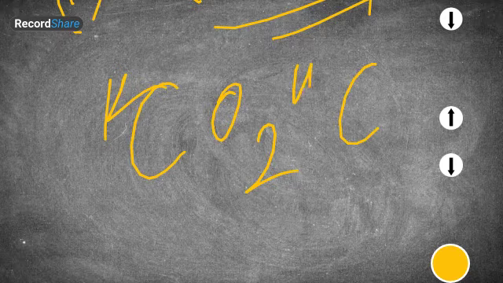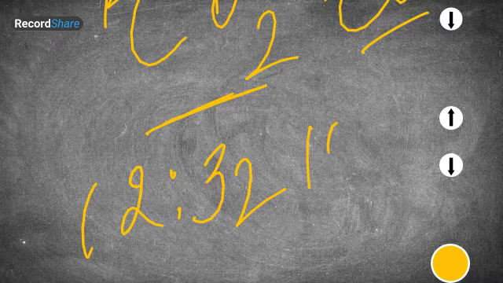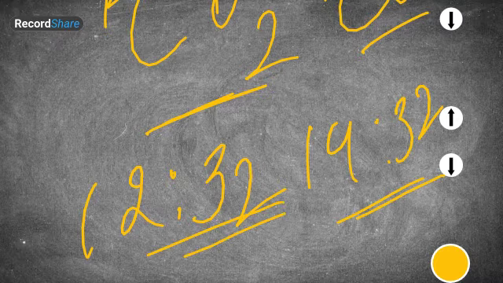If we have C12O2 or C14O2, here the ratio will change. Here the ratio will be 12:32, but here the ratio will be 14:32. So this law fails in the case of isotopic compounds. This you have to remember.